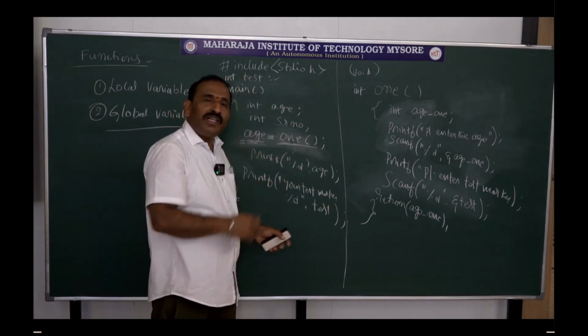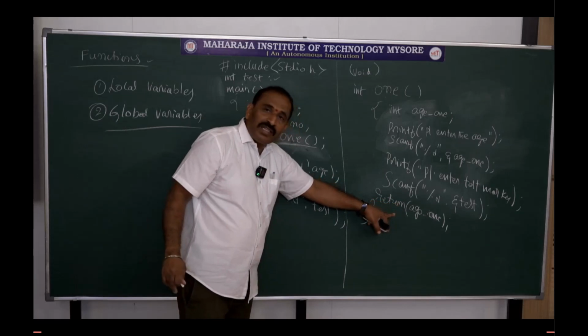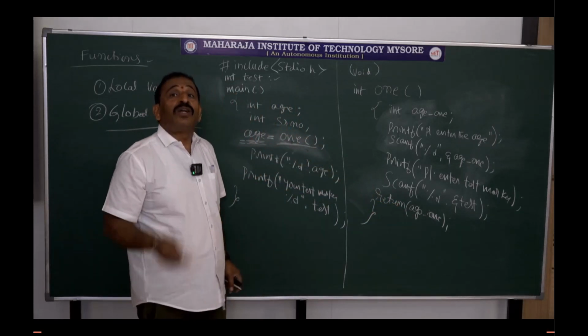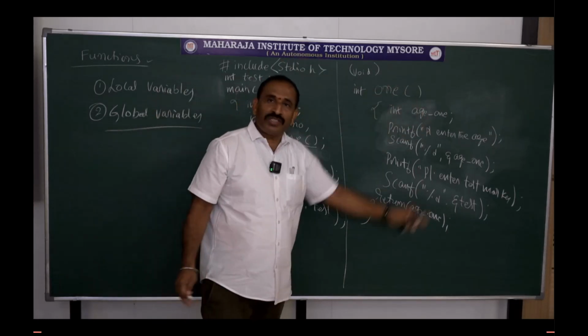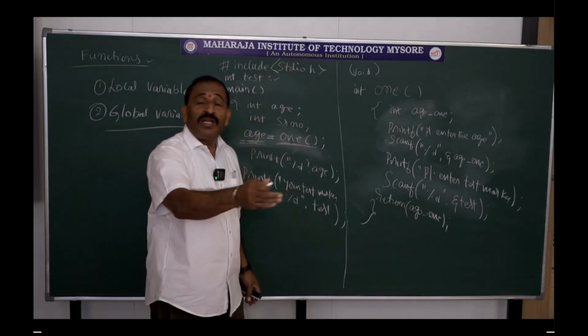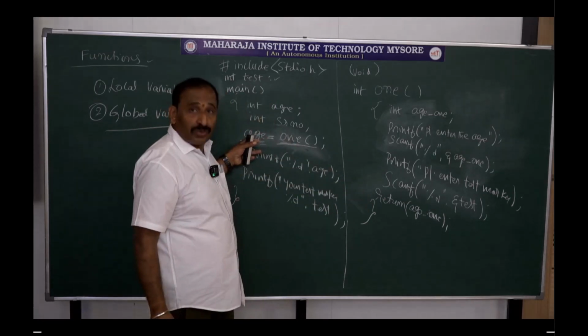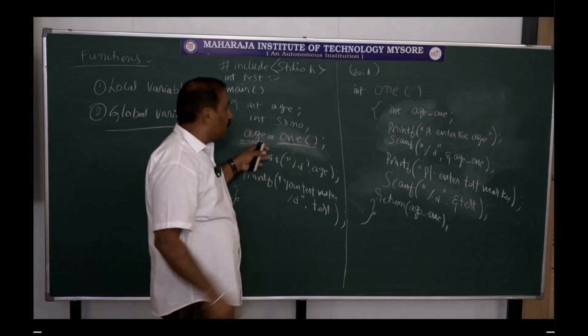It may return anything; whatever is returned, that value will be assigned to age. To know that, you have to go there and execute it. So it is done like this, right?